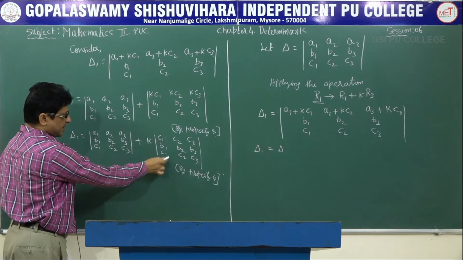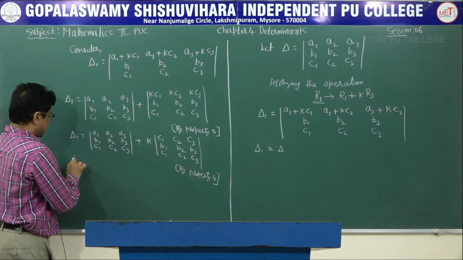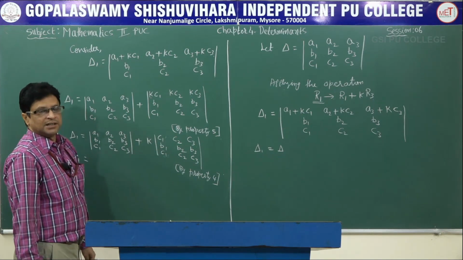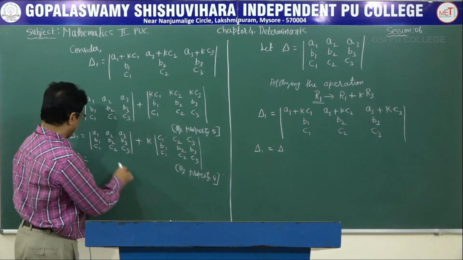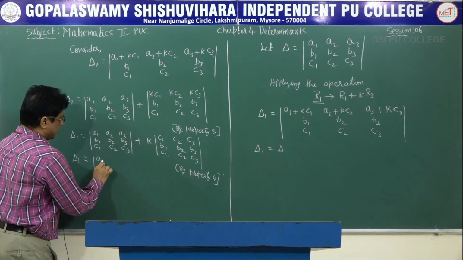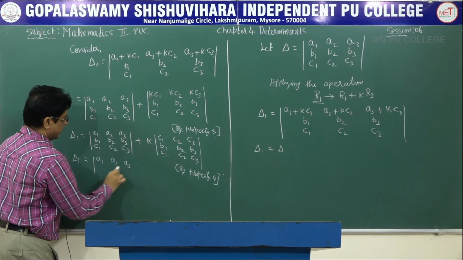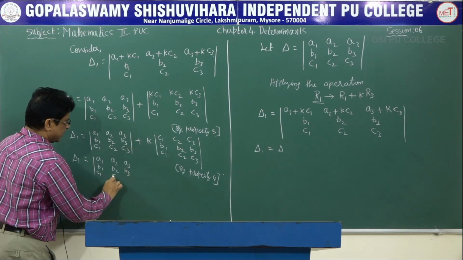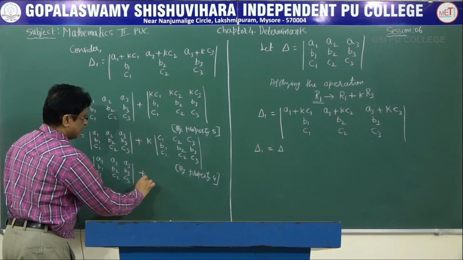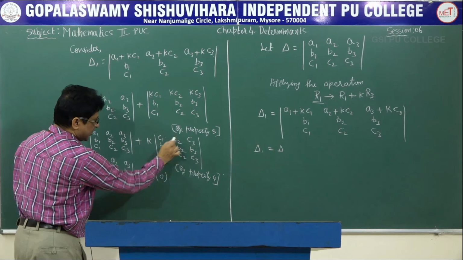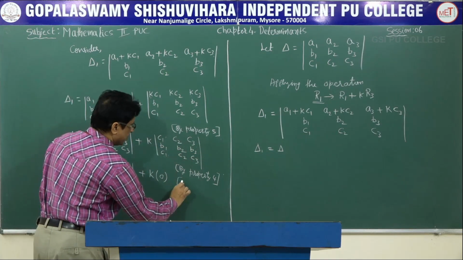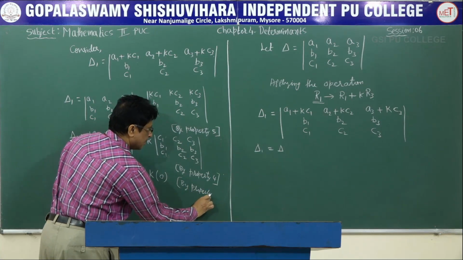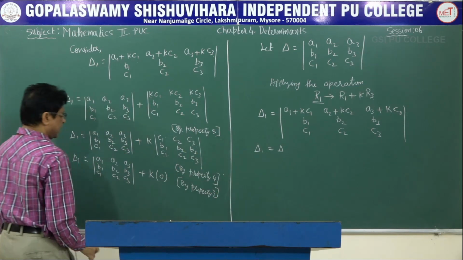By property 3 we know that if any two rows or columns are equal, then the value of the determinant becomes 0. So delta 1 is equal to the determinant of a1, a2, a3, b1, b2, b3, c1, c2, c3 plus K into 0, because this becomes 0 by property 3.